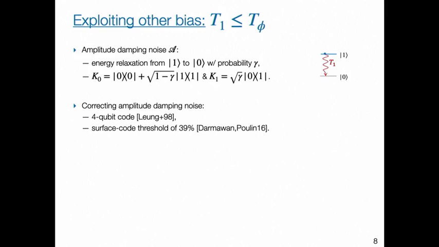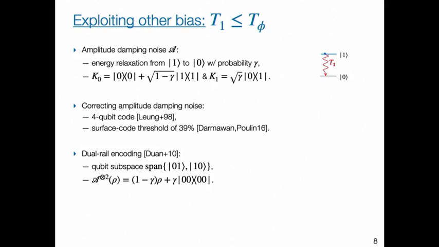Well, it turns out that there's a very simple dual rail encoding that can be used. So what is it? We take 2 qubits and we define the effective qubit as the subspace spanned by states |01> and |10>.